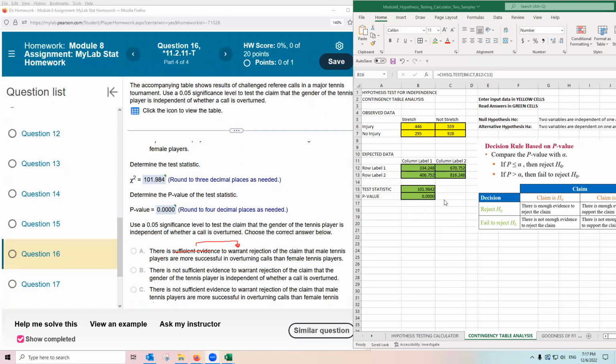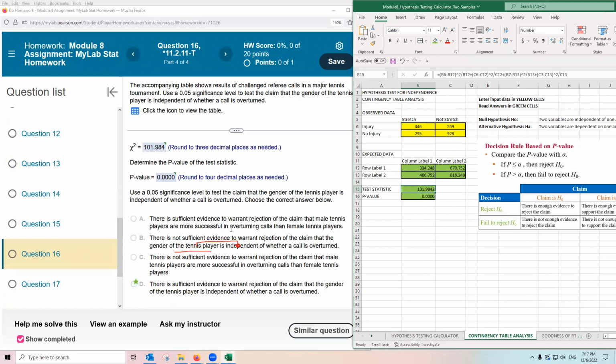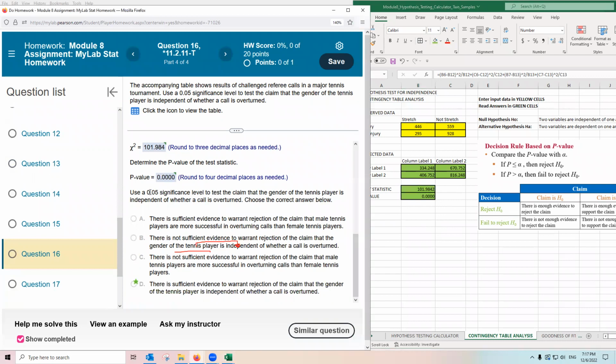All right, folks. I figured out I had a small mistake in my Excel command, so I fixed it. So the test statistic here is 101.984. The p-value is 0. When the p-value is 0, notice it says here to use a 0.05 significance level. In this example, definitely the p-value is less than alpha. We're rejecting the null hypothesis. Remember, the null hypothesis is that the variables are independent.